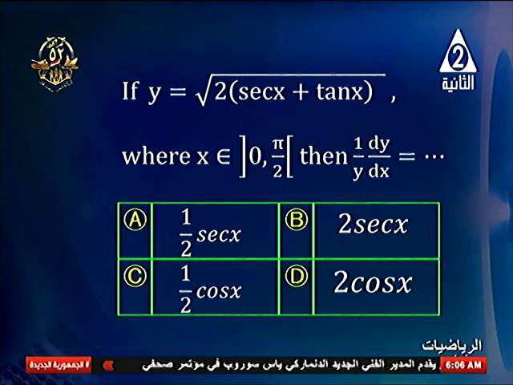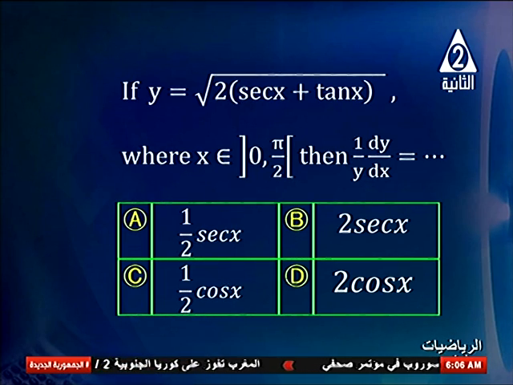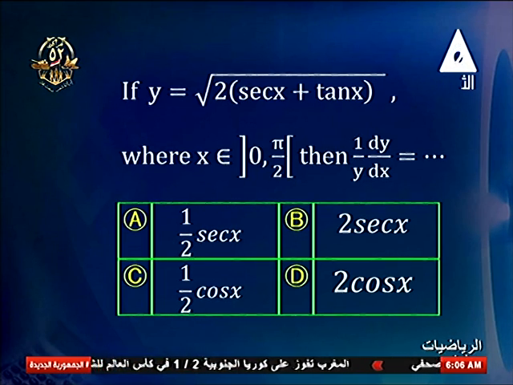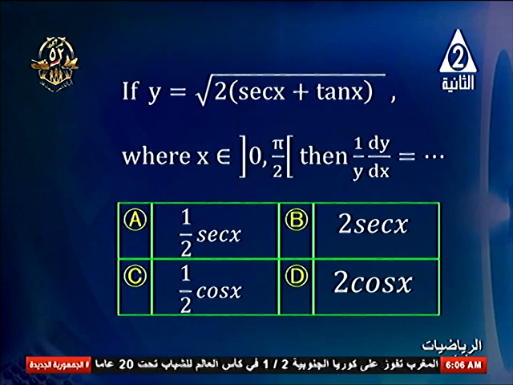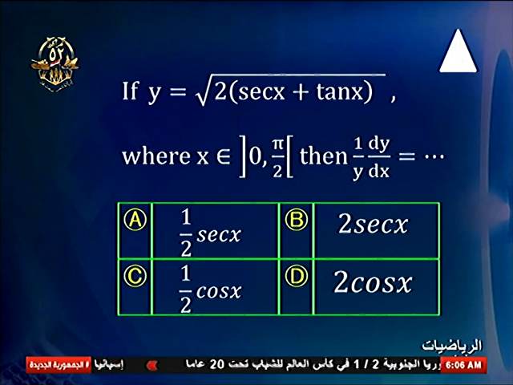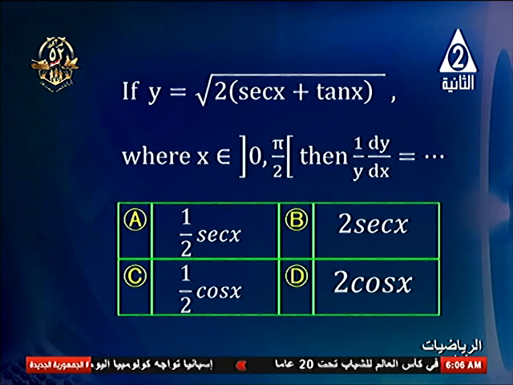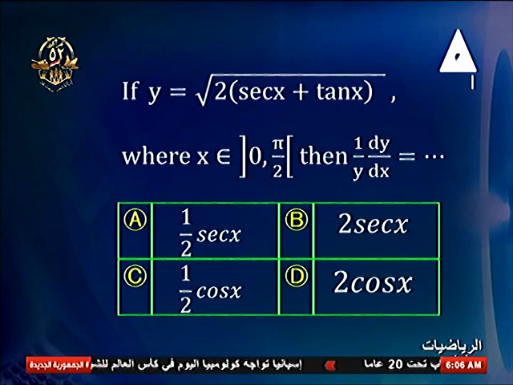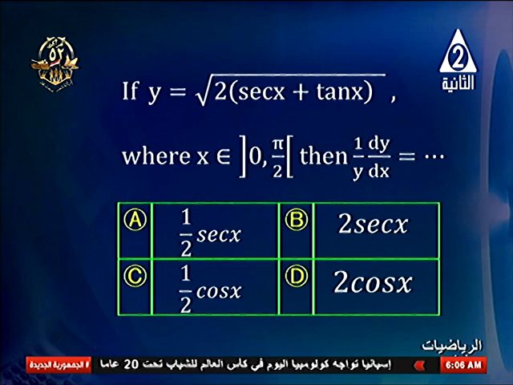What is the differentiation of tan x? Sec square. After that, since x belongs to the open interval 0 to pi over 2, we multiply 1 over y by the result of differentiation.